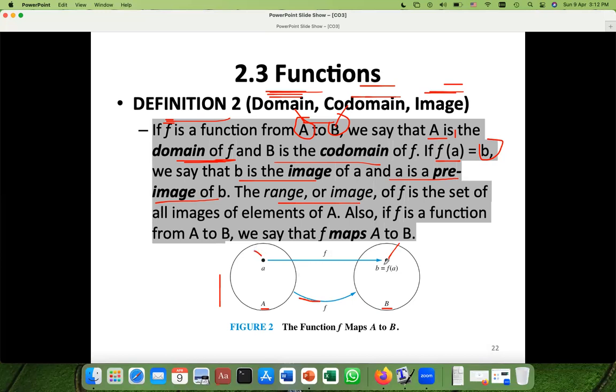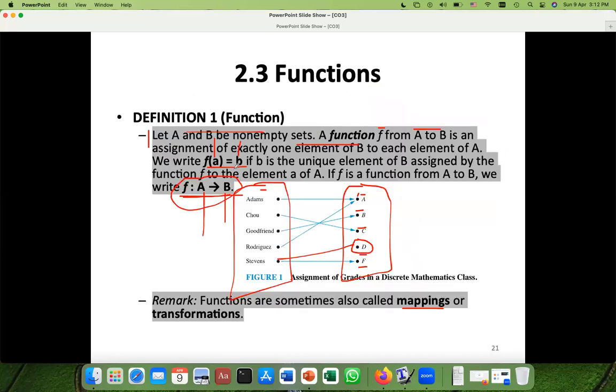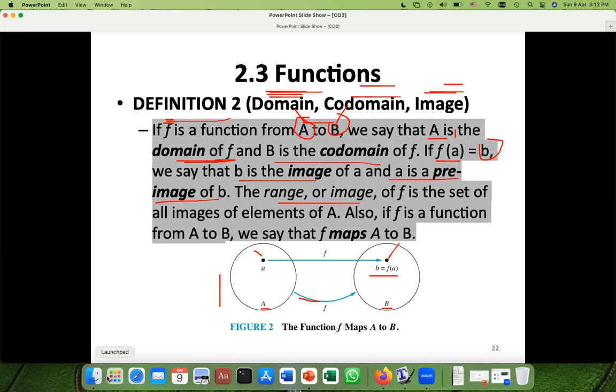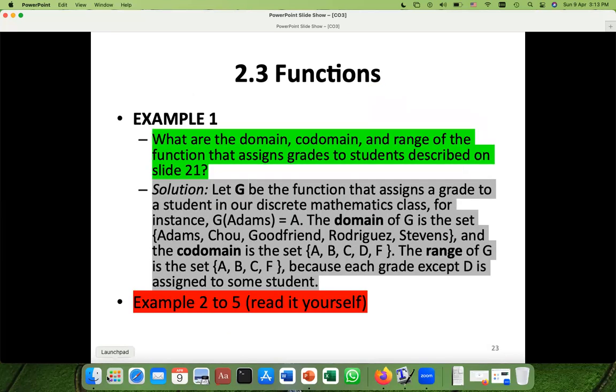So this figure is just a diagrammatical illustration, nothing else. Now you know what is domain. Set A is domain. Codomain is what? Set B is. If we have the function from A to B, then set A is domain, set B is codomain, and the elements that you are getting from set B for elements of set A are called the image, or the range. Okay. Now moving on.